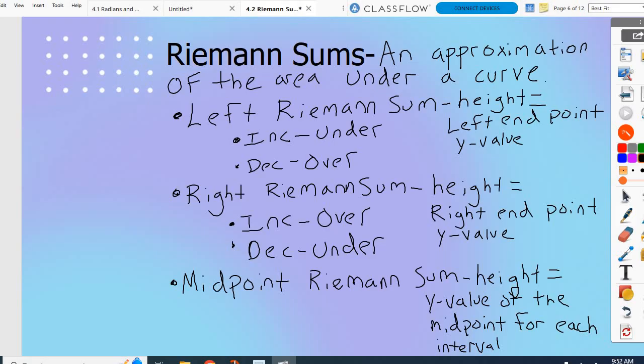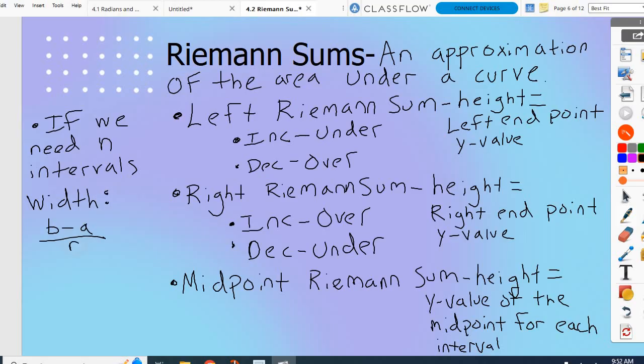But sometimes, if we want a specific number of intervals, let's say n intervals, we can find the width of each of our rectangles, which is going to be equal to b minus a divided by n, for the interval a to b.